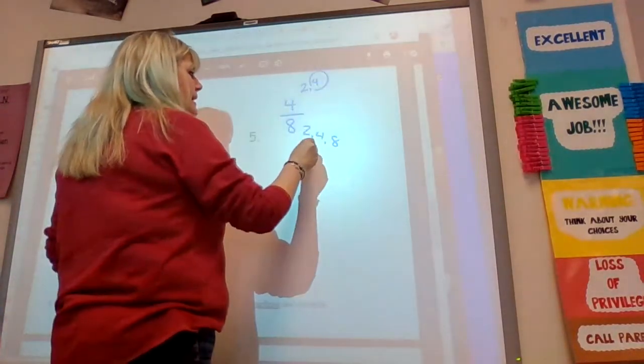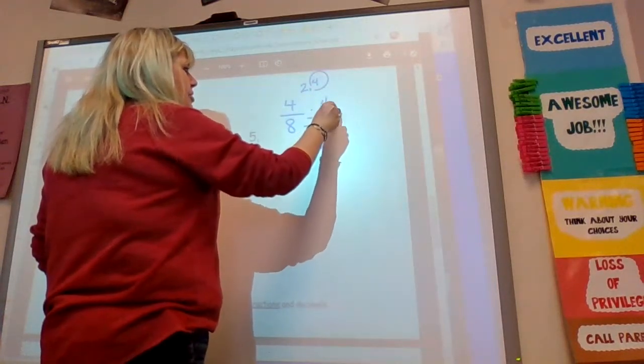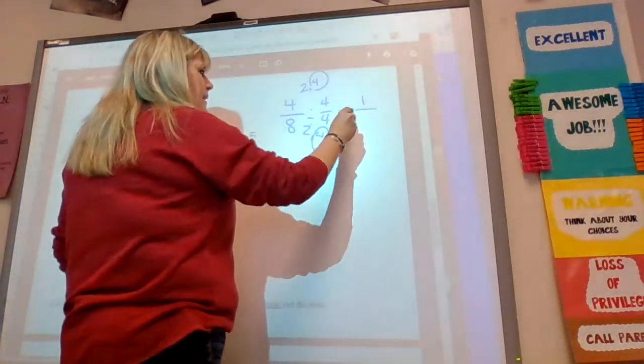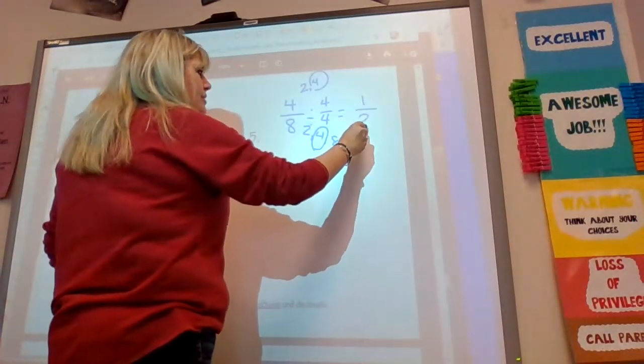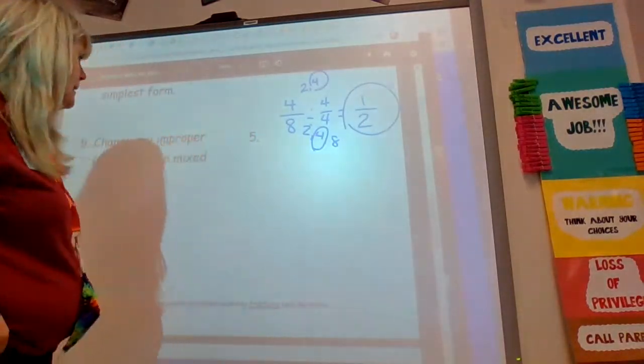So now we're going to try that step again, and we're going to say what we do in the numerator, we do in the denominator. 4 divided by 4 is 1, and 8 divided by 4 is 2, and that is its simplest form.